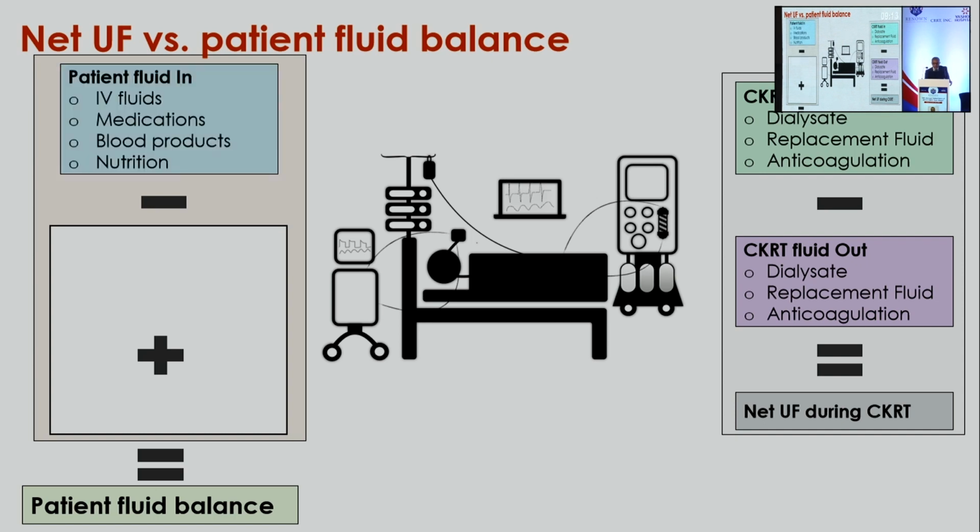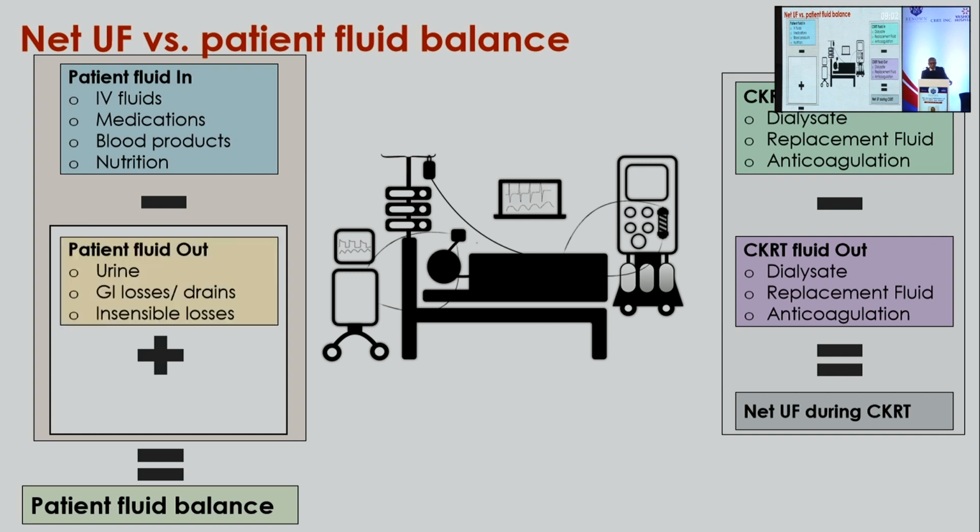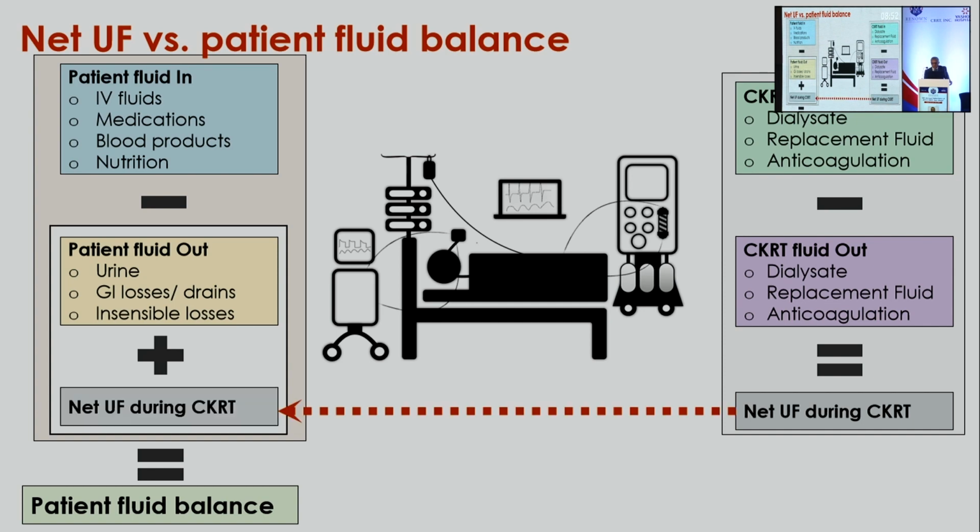On the patient side, on the other hand, there would be certain obligate intakes in terms of IV fluids, medications, blood products, and nutrition, minus the patient outputs in the form of urine output, drains, GI losses, insensible losses, etc. In addition, for those patients who are receiving dialysis, the net ultrafiltration during CKRT becomes a component of the patient output.